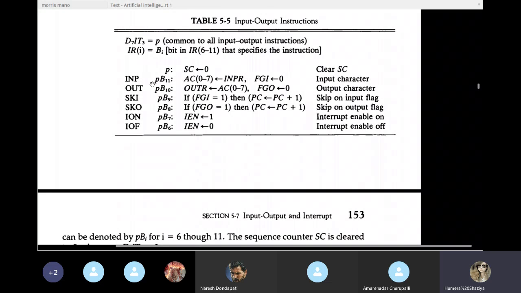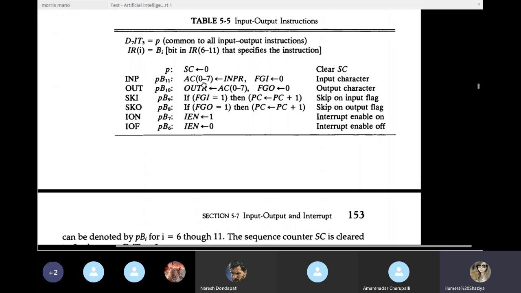If you look at the INP instruction, what does it do? It transfers the content of the input register into the accumulator. The accumulator is a 16-bit register.